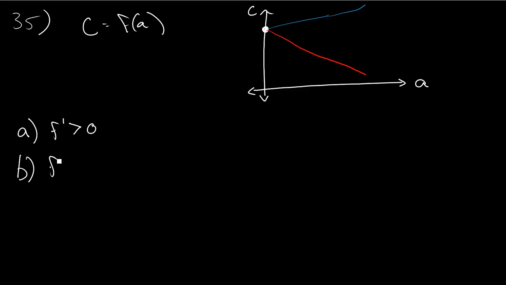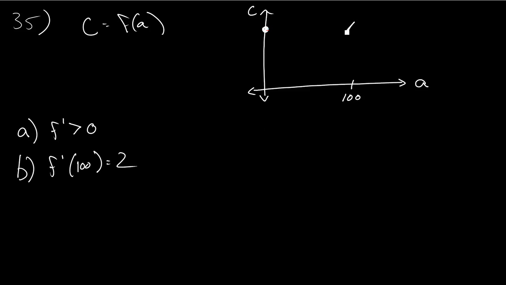Now, B asks us about the tricky one. So they ask us about f prime of 100 being 2. Now, what does that mean? All right, so let's erase the lines I have here and get some intuition for it again on this graph. It's telling me at an input of 100 advertising dollars, the slope of my graph is 2, right?